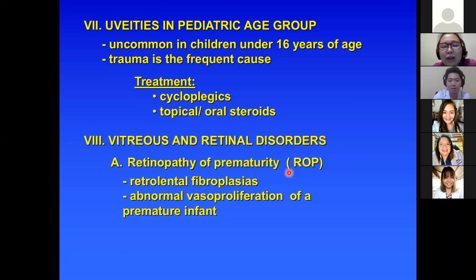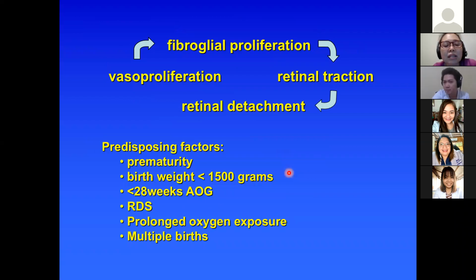Abnormal vasoproliferation in premature infants. These are usually the predisposing factors: of course, birth weight of less than 1,500 grams, less than 28 weeks age of gestation, respiratory distress syndrome, prolonged oxygen exposure, and multiple births.